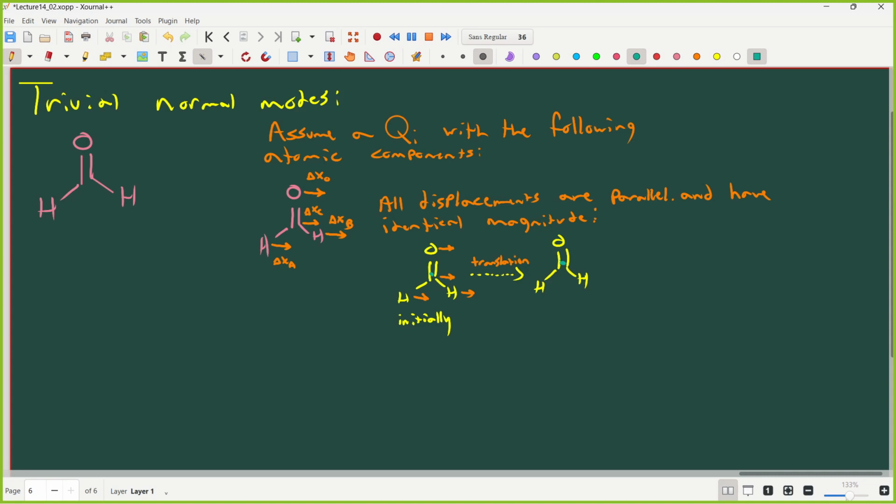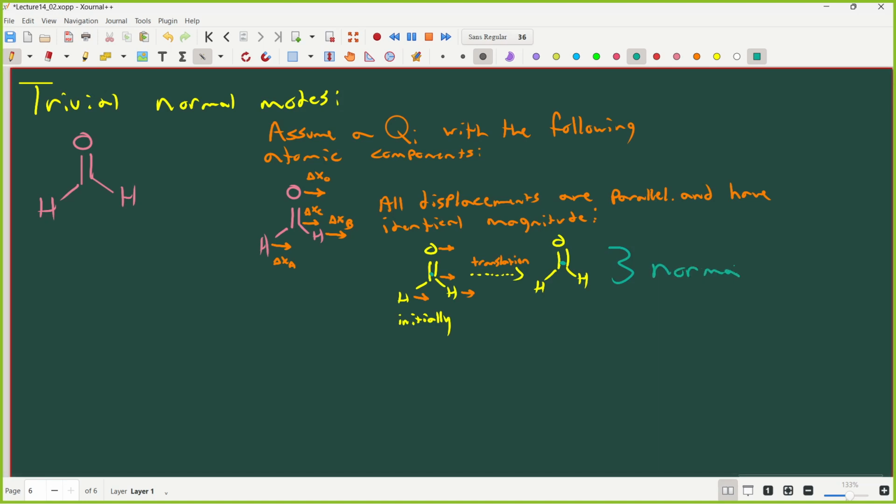That's one of the 3 normal modes. But that's not a vibration. The bonds haven't moved. They've all been displaced equally. They just translated. And of course, there are going to be 3 of these because there are three coordinates: x, y, and z. So there are three of the normal modes that are just x, y, and z translation.